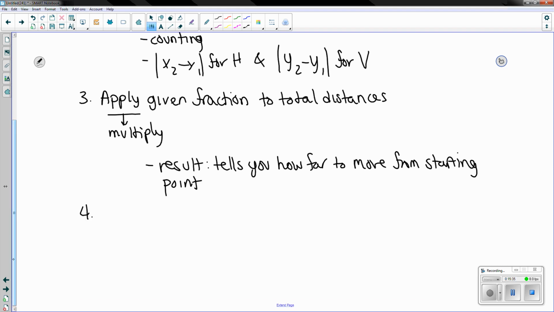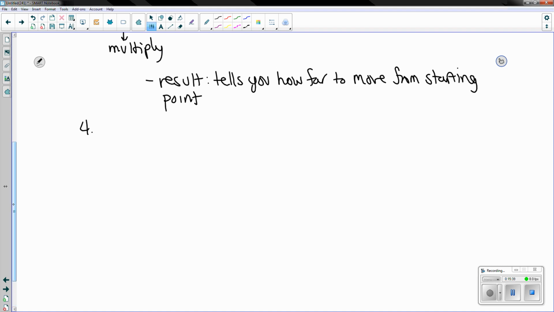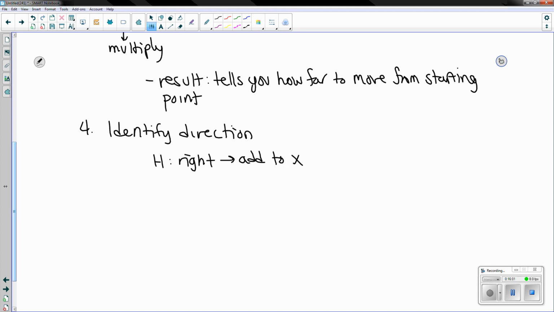Once you've done that, you should identify the direction you need to travel to get from one point to another. So you know how far you have to go. Now identify direction. And the reason that's going to become important is because if we're going to confirm this algebraically, for horizontal, if we're moving right, you're going to add to x the value from step 3.